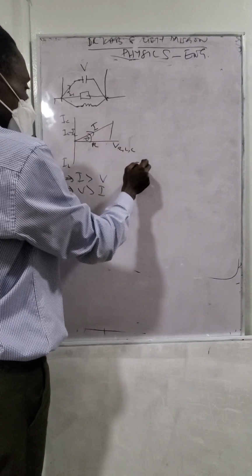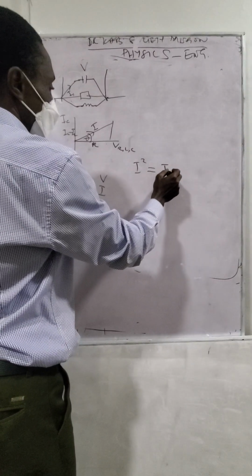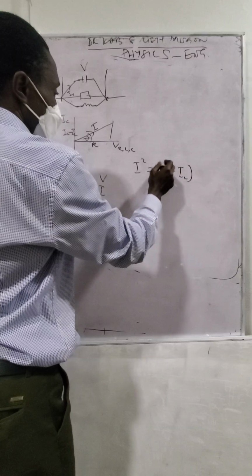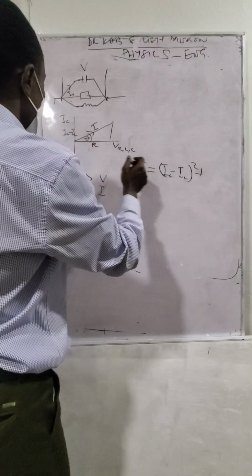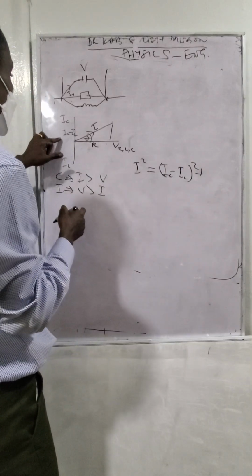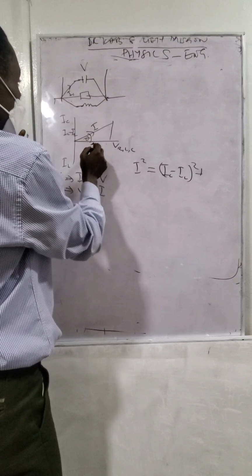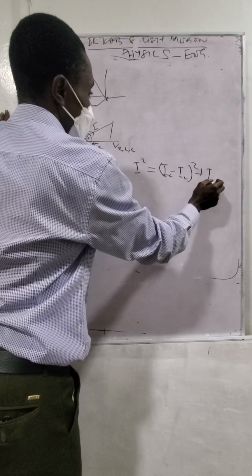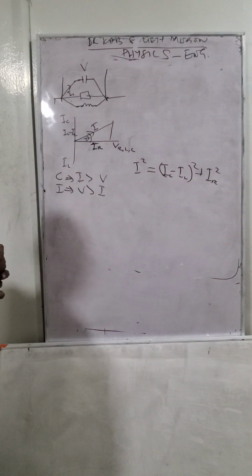The effective current squared will be equal to (I_C minus I_L) squared plus the current in the resistor squared.